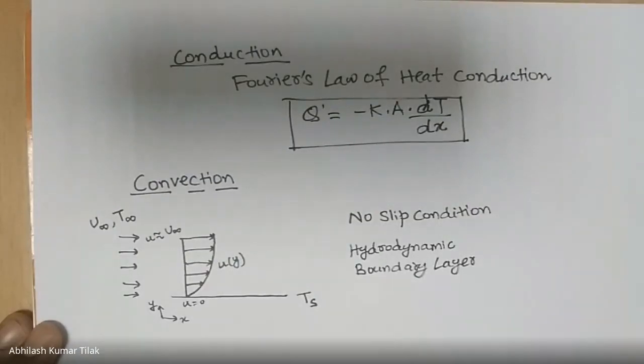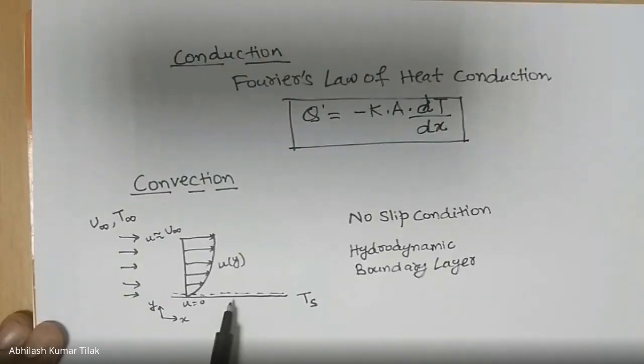Now, because of this no slip condition, one of the fluid layers has zero velocity relative to the surface. One implication of the no slip condition is that heat transfer from the solid surface to the fluid layer adjacent to the surface is by pure conduction, because there is no motion of this fluid layer. It is still here.